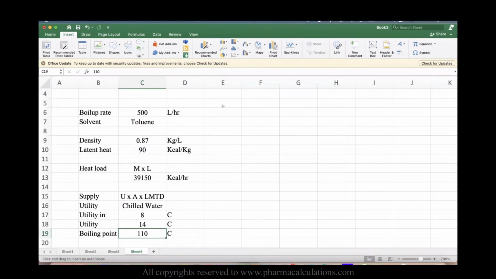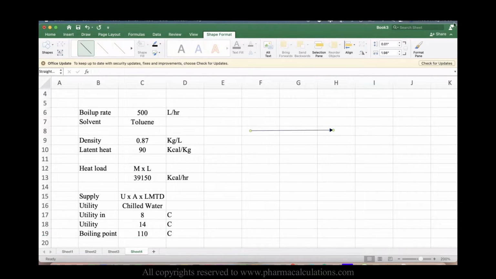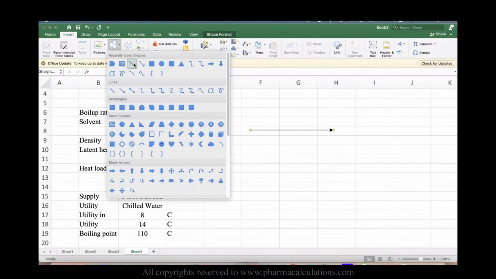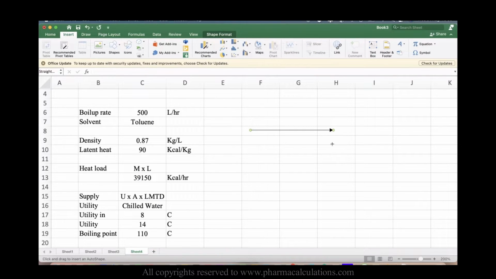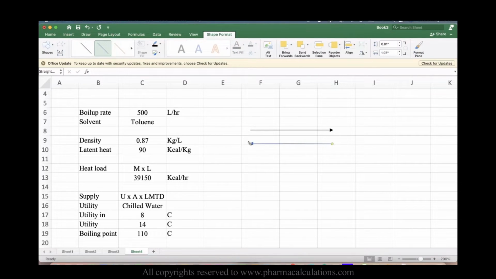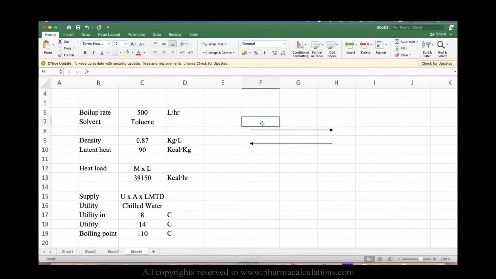Coming to LMTD, why do we have to use LMTD and not delta T? It's one of the topics; let's discuss it after completion of the calculation. As of now we are going to perform the calculation as per the given formula, UA LMTD. Here the boiling point of toluene is 110. Since it's in the gaseous phase, the inlet temperature as well as the outlet temperature will remain the same. Whereas for the utility, the inlet temperature is 8 degrees and the outlet temperature is 14 degrees.